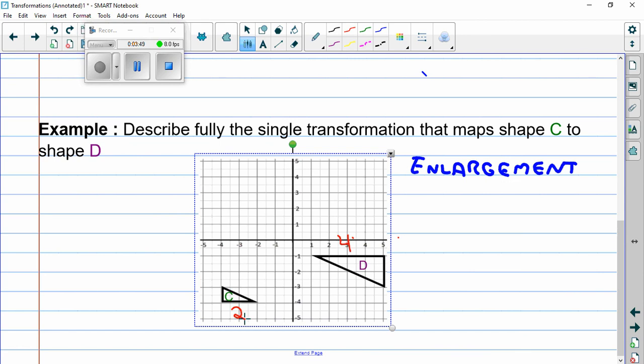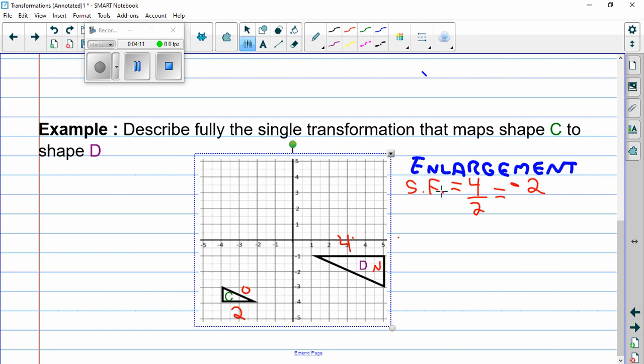So our N is D, our O is C. So our scale factor is 4 divided by 2, which is simply 2. It's flipped over, so we know it's negative.